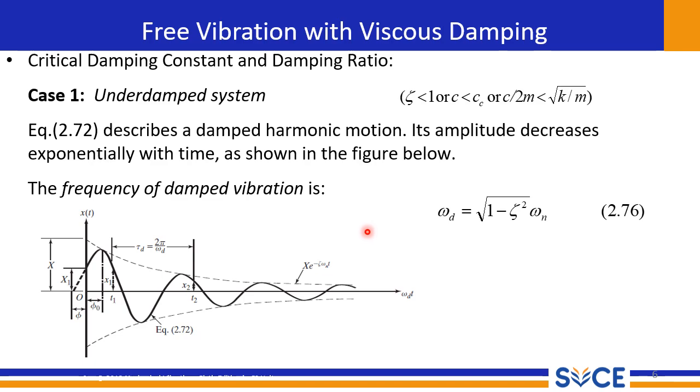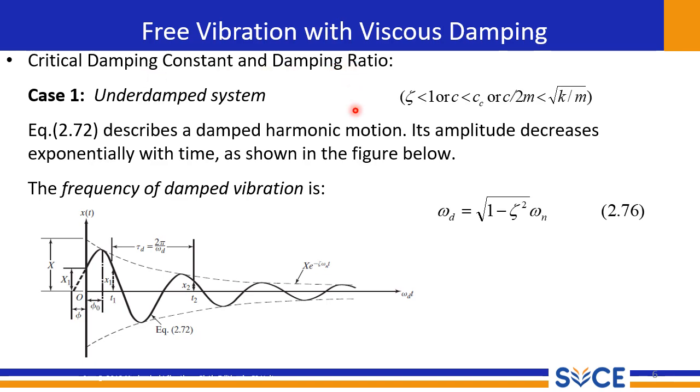In this slide, we are going to see the first kind of damping system, that is the underdamped system. From the previous slides, we know the critical damping constant and damping ratio.